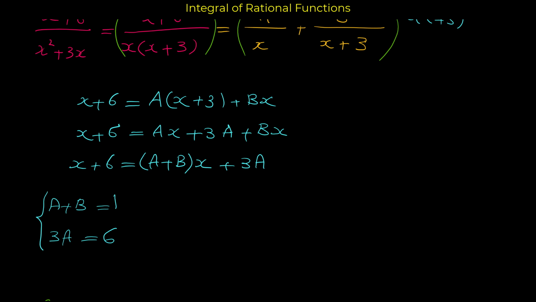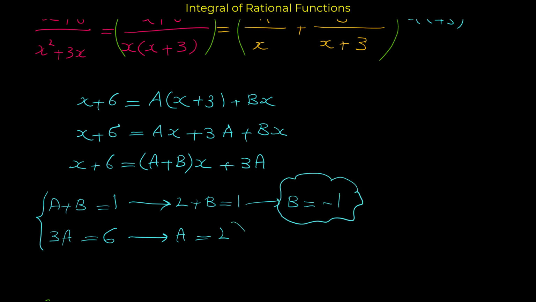Now, from this equation, simply we have A equals 2. Now that we have the value of A, we plug in 2 in the other equation, and then we have 2 plus B equals 1, so B from here is -1, and A is 2.